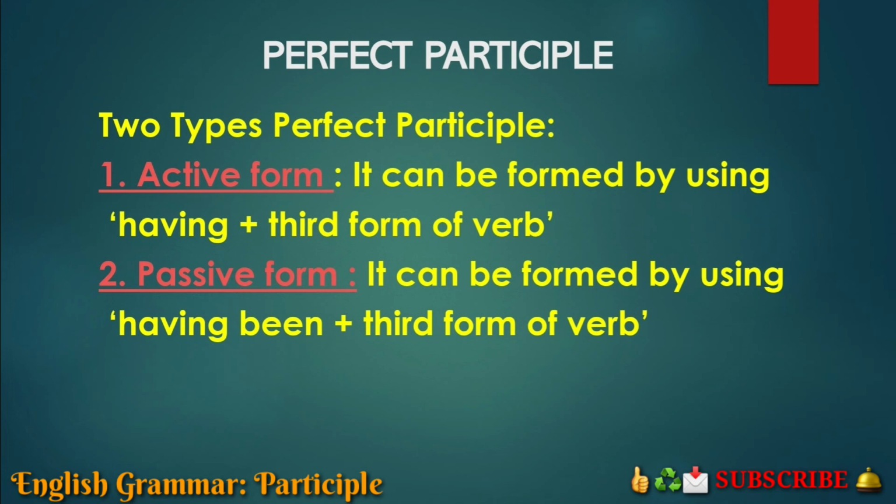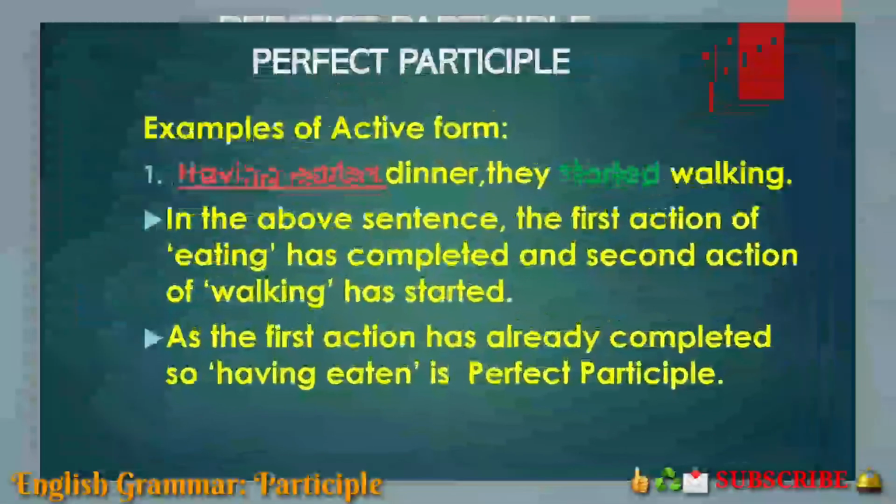And the passive form can be formed by using having been plus the third form of the verb. Mind it, the passive form is formed by using having been plus the third form of the verb. Now let's have a few examples.